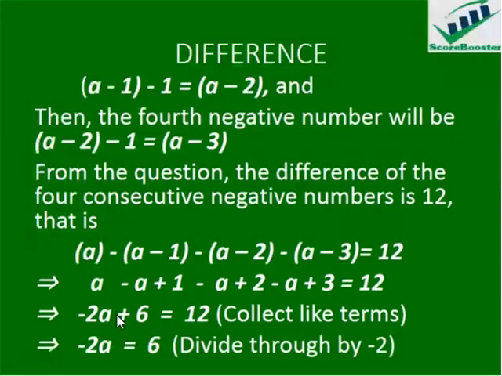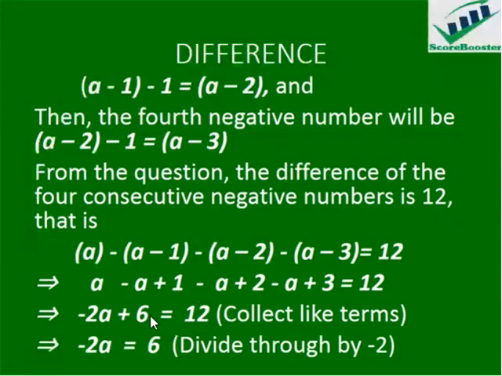Now we collect like terms. The variable will be on one side of the equals to sign, and the numbers will be on the other side of the equals to sign. So now, as you have been told in the other examples we've solved, for you to eradicate plus 6, you introduce negative 6, and whatever you do to this side, you also do it to this side.